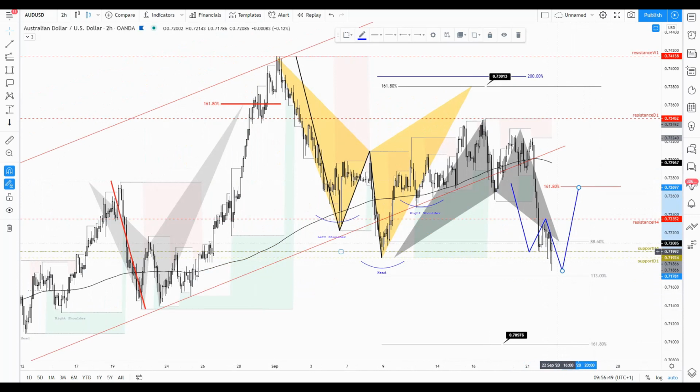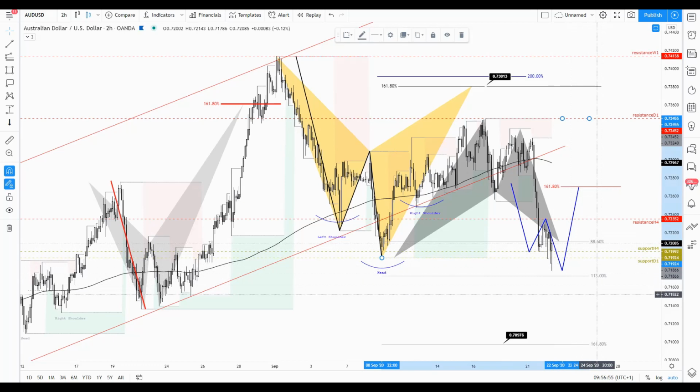The Australian dollar is also trading between those Fibonacci levels that I shared with you yesterday, the 88% Fib and the 113% Fibonacci extension, as the completion point for the bat pattern and the alt bat pattern. As always, when you trade the bat pattern, we should always respect that 113% Fibonacci extension.